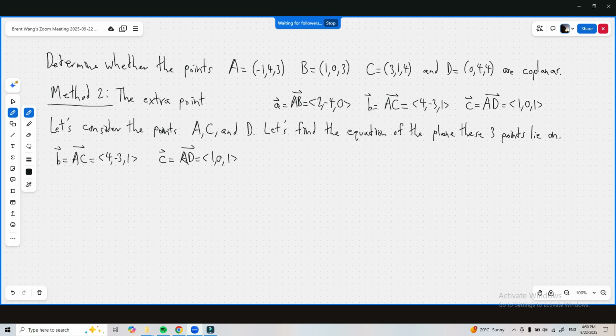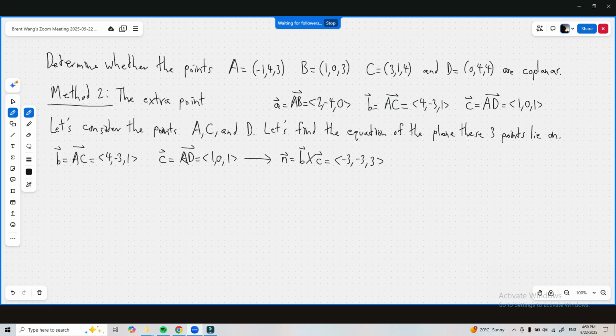Now, the cross product of B and C, so N stands for normal vector. N is equal to the cross product of B and C, which earlier we actually found out was -3, -3, and 3.